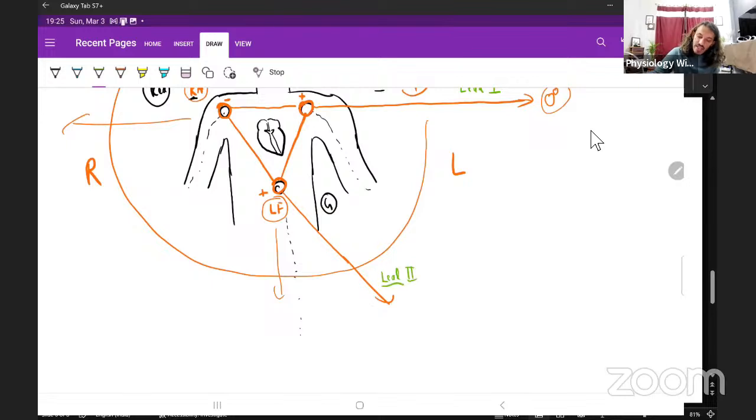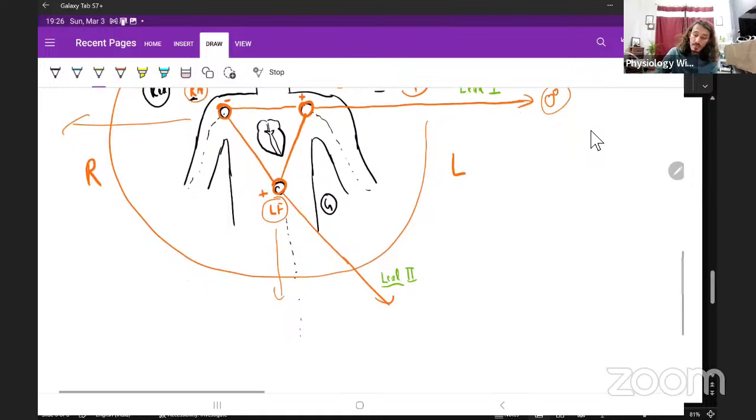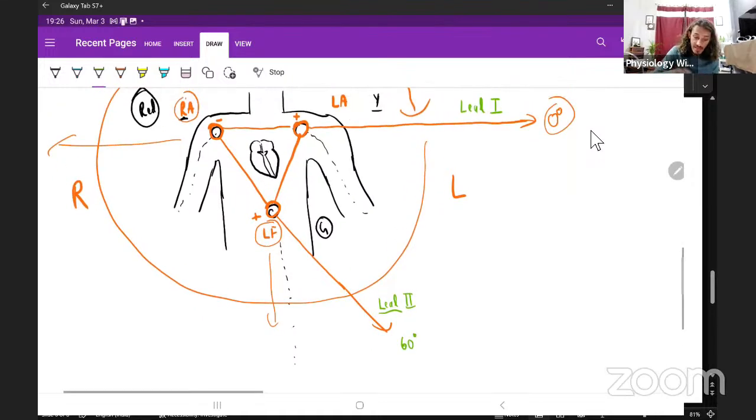So remember, this is lead 2, and this is going to be your 60 degree. And in a similar fashion, if you were to connect your left arm to your left foot, you'd get a diagram like this, and that is going to be your lead 3.